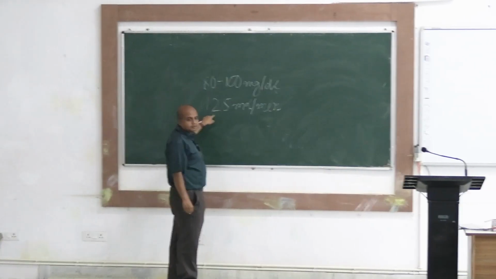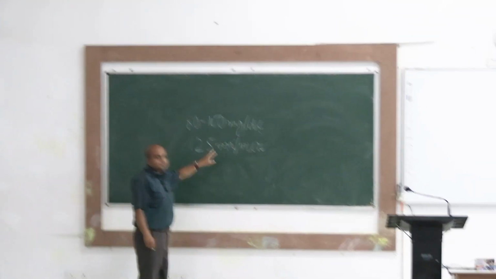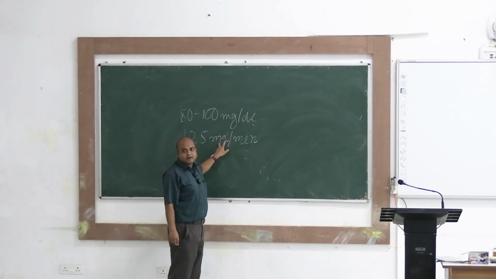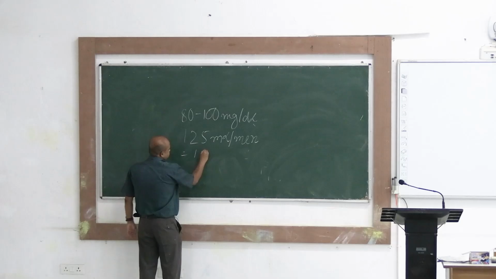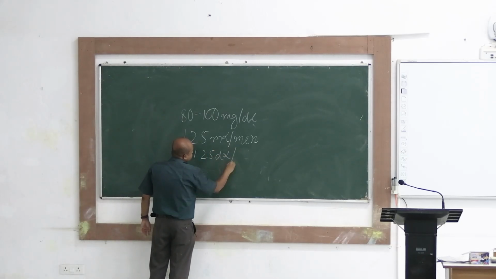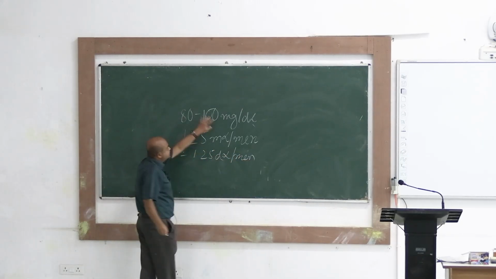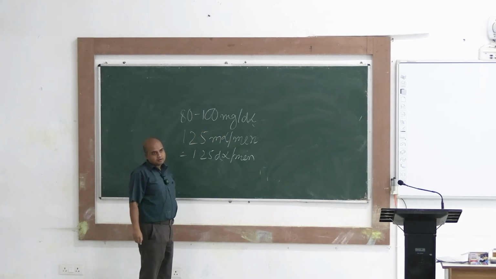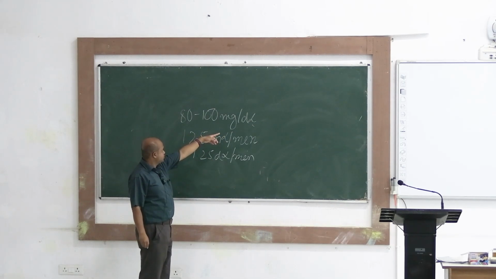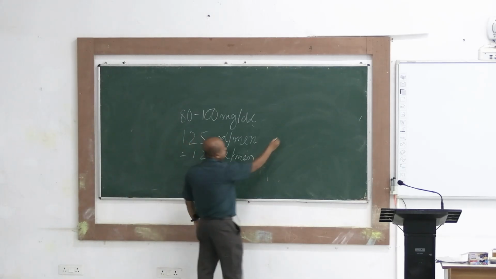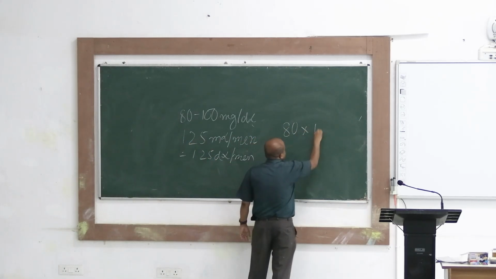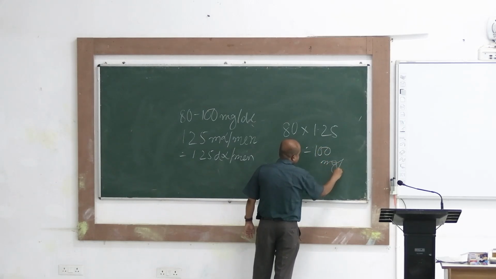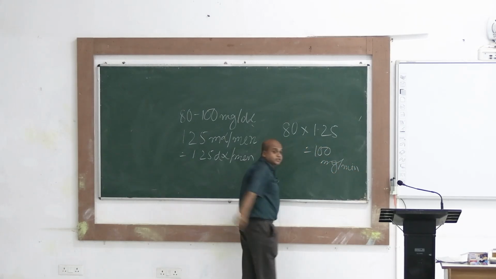This into this. But before that, the units are different, deciliter and milliliter. You have to take it in a single unit, so you have to multiply by 100. So if it is 80, this will be in milligram per minute. So this is the filtered load.